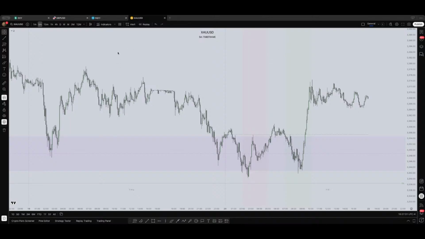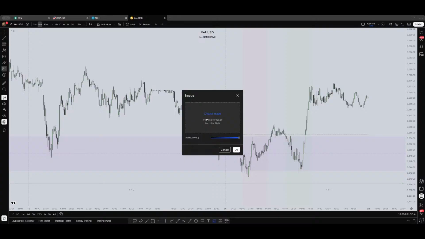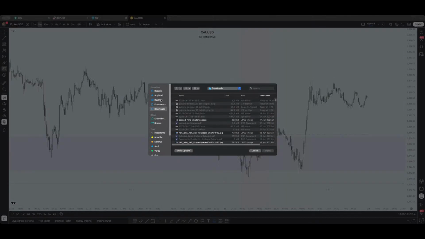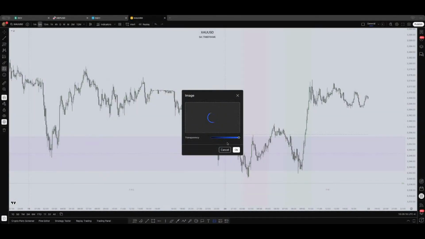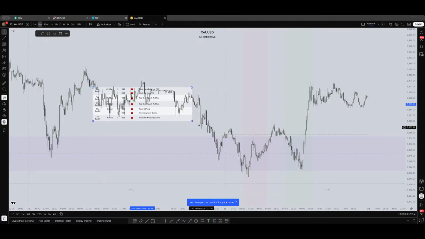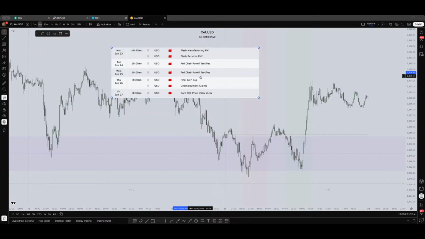So next week is the 22nd. So this is the roadmap for next week.